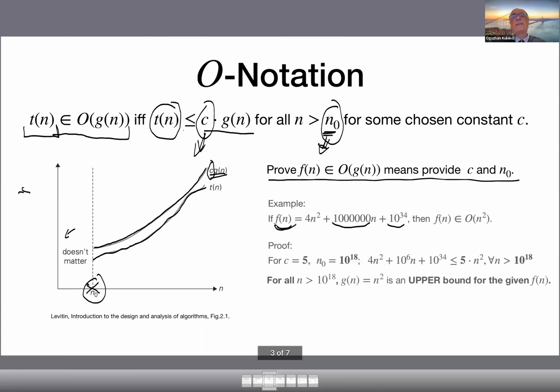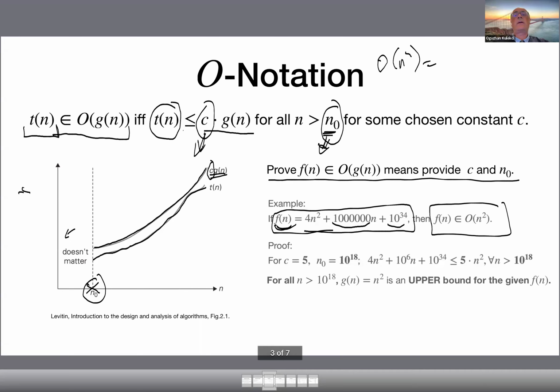And I would like to prove that this function, this f(n) function, is an element in the big O n squared family. In other words, in the big O n squared family, there are infinite functions, and 4n squared plus 1 million n plus 10 to the 34 is indeed a function in this set.